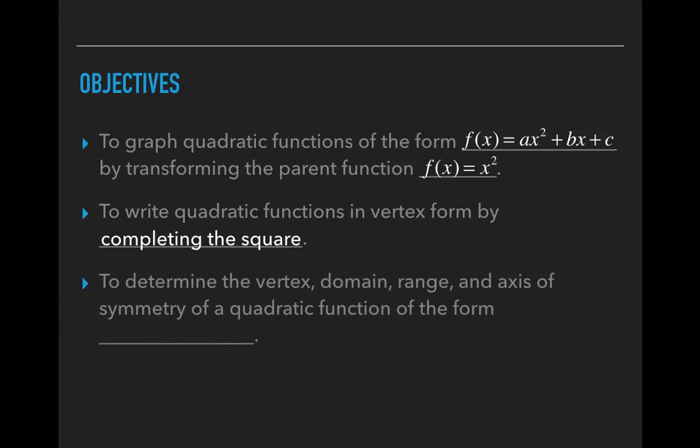Lastly, we want to determine the vertex, domain, range, and axis of symmetry of a quadratic function of the form f of x equaling ax squared plus bx plus c. So again, given any quadratic function in standard form, we want to find vertex, domain, range, axis of symmetry. All really important elements.